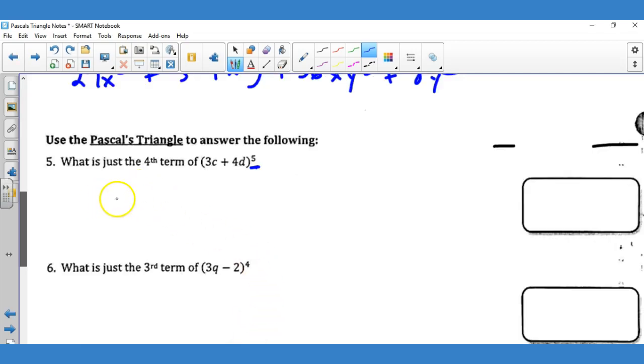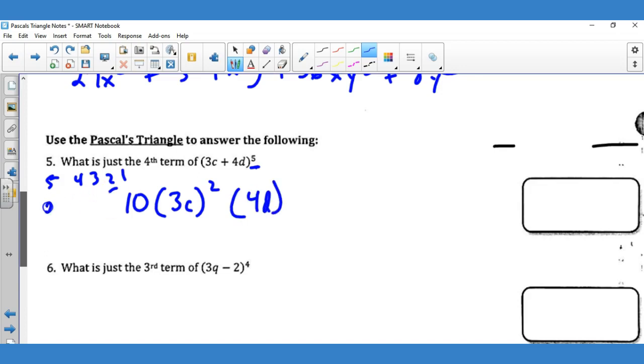So we have 10, 3c. So if you remember, you start with 5. So 5, 4, 3, 2, 1. So 10c squared and 4d cubed.